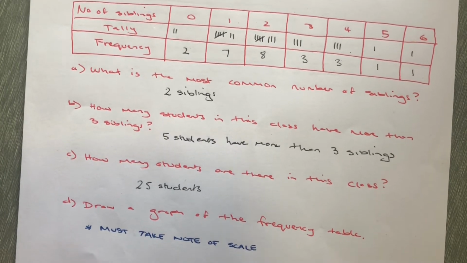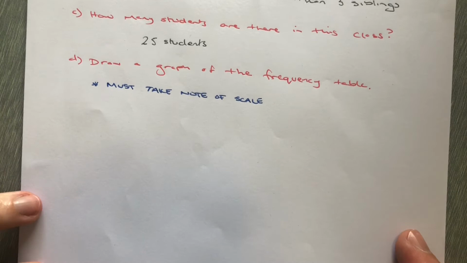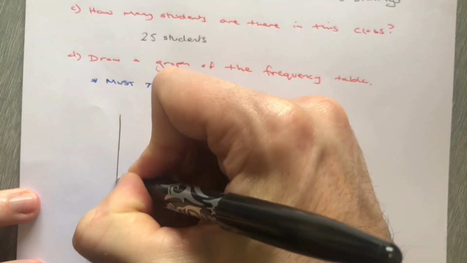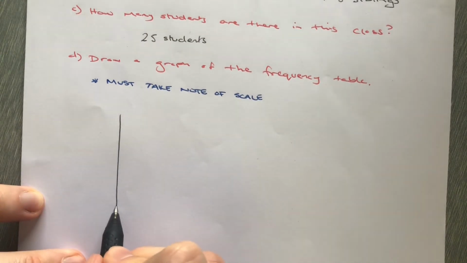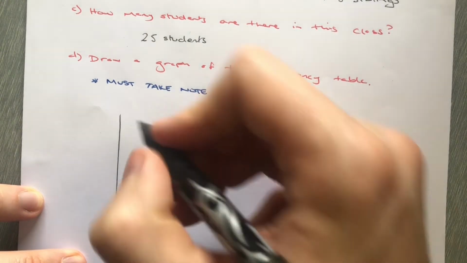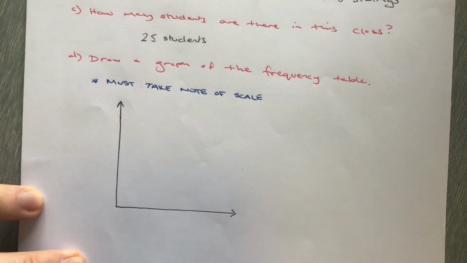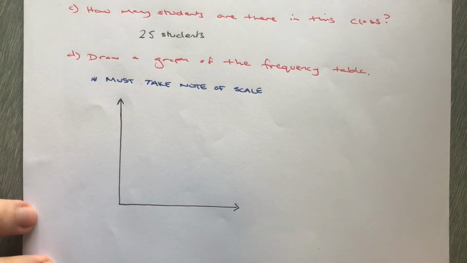So I'm firstly going to set up my axes here. Now I'll put a little arrow there and a little arrow there. I want to say what each of these axes actually represent.